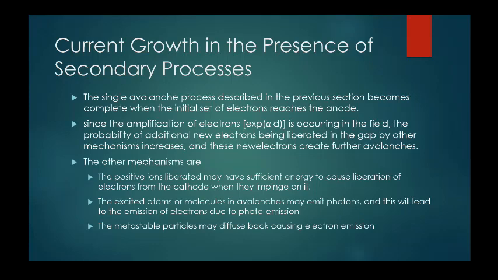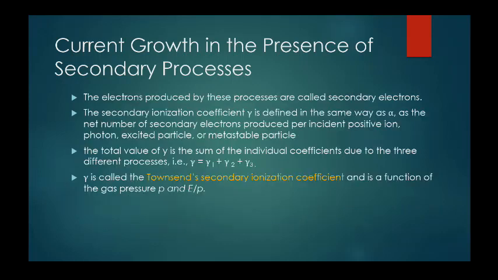Now this avalanche of electron production increases because of this amplification, because we are applying a voltage across the electrodes. The electrons produced by this process are called secondary electrons.